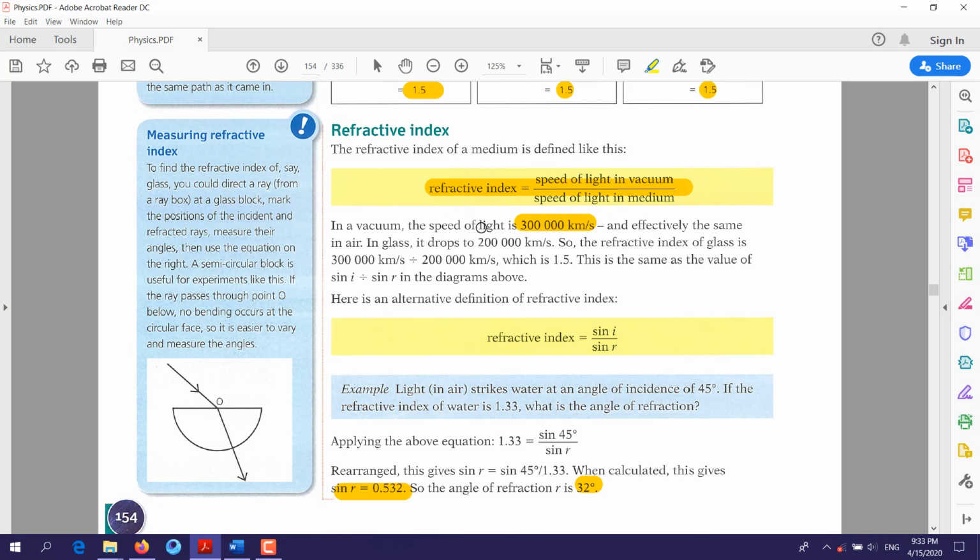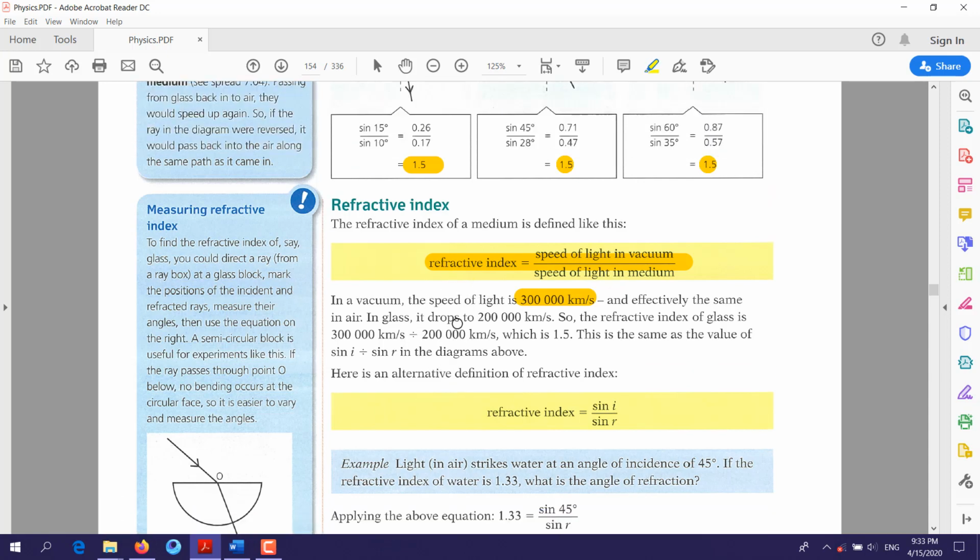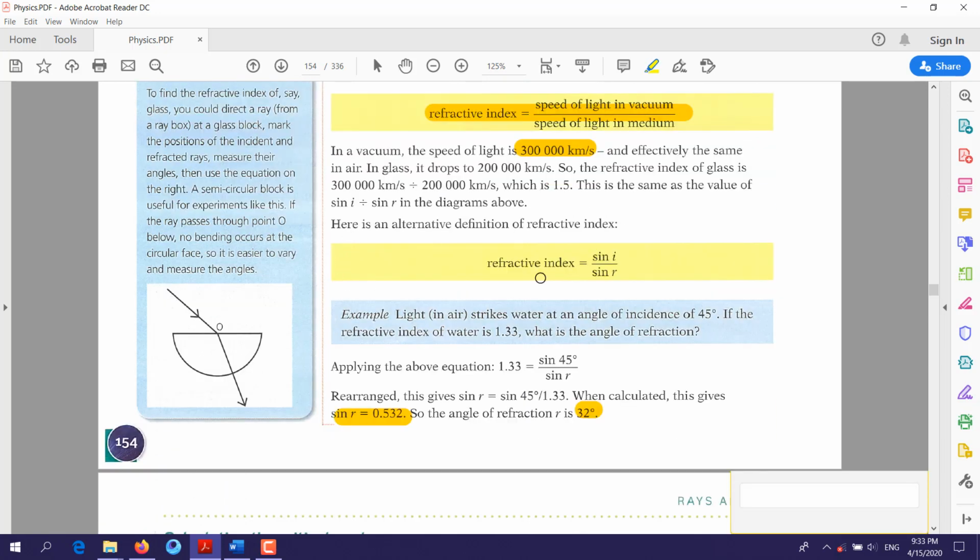To find the refractive index from angles, we can use this equation: refractive index equals the sine of the incident angle over the sine of the refracted angle.